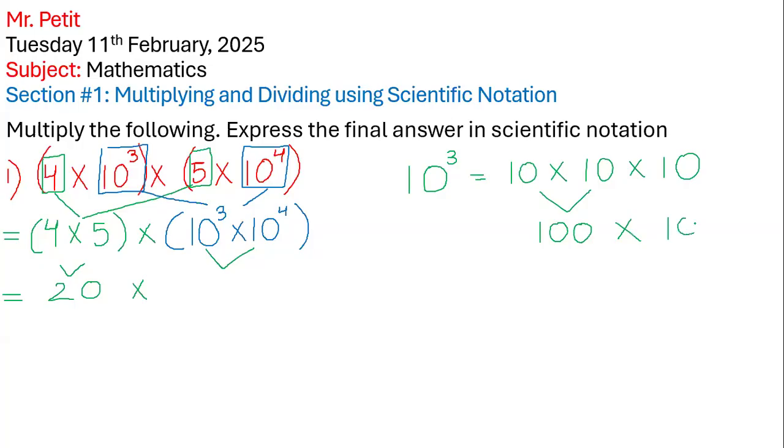So it's gonna be 100 times 10. And what is 100 times 10? 1,000. So it's not 30. Okay. So 10 to the third power is 1,000. 10 to the fourth power is what?